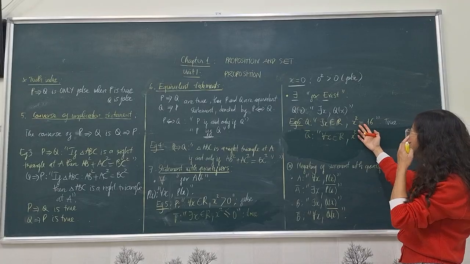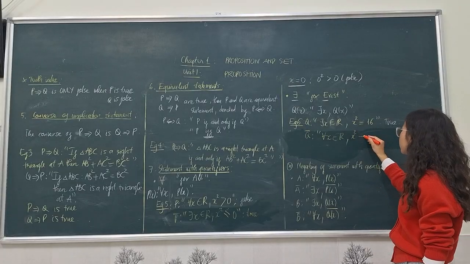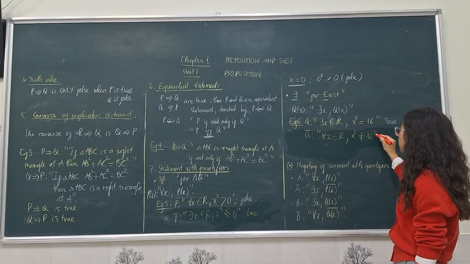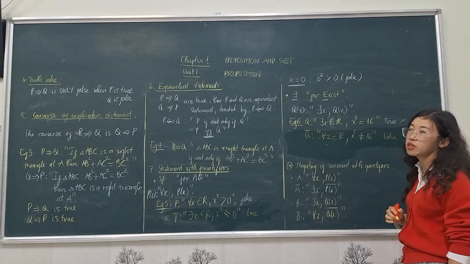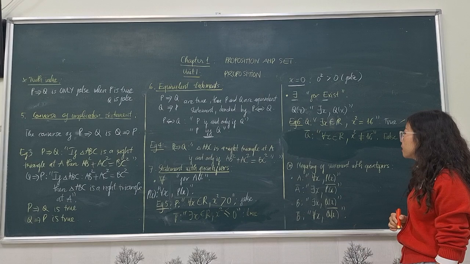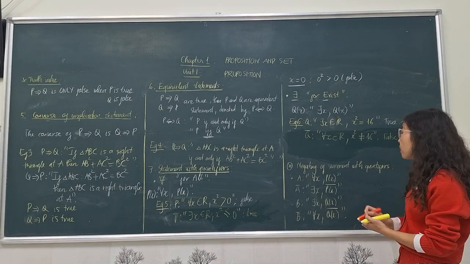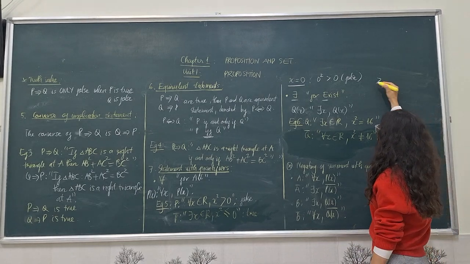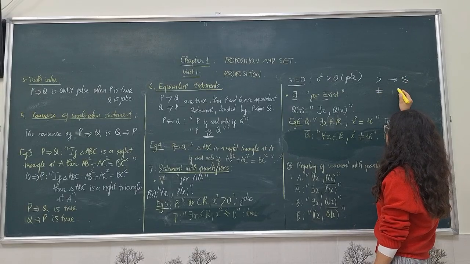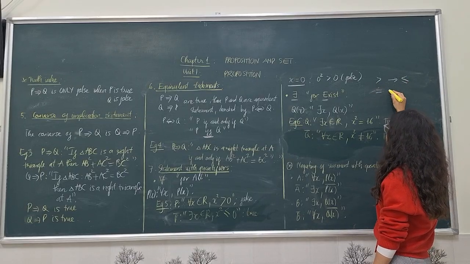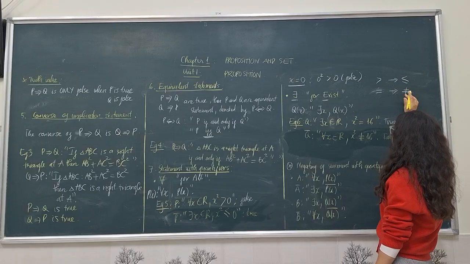Now the negation of equal is not equal. And the truth value is false, because the original statement is true. So remember, the negation of greater than is less than or equal to, and the negation of equal is not equal.